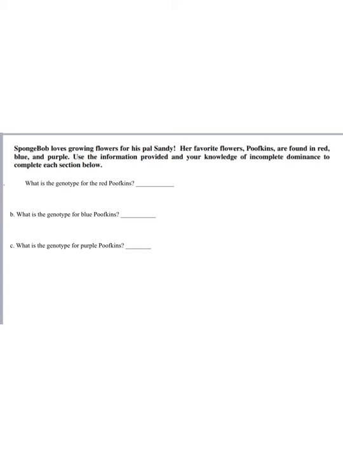So in the reading, we've gotten a clue that this is incomplete dominance right here. So for a red puffkin, we're going to say that's RR. And for a blue puffkin, that is BB. And since it's incomplete dominance, when we combine red and blue, we get a blend of the two. And so that creates the purple.